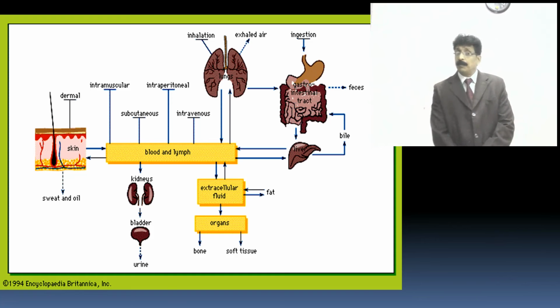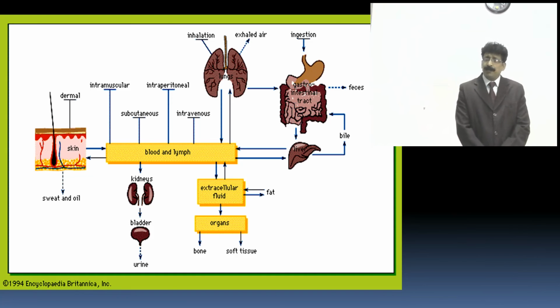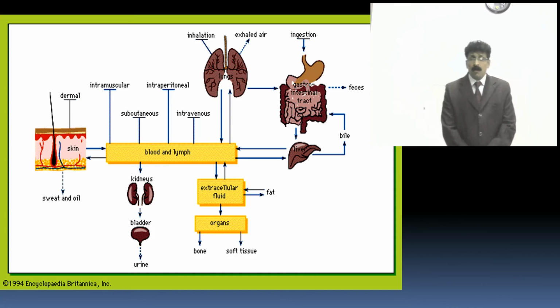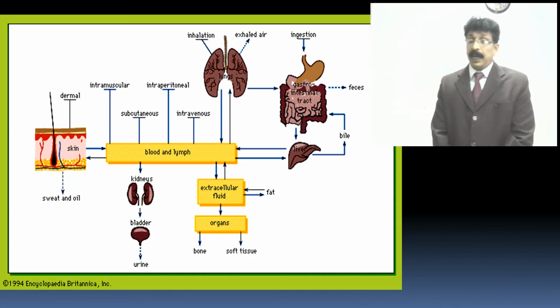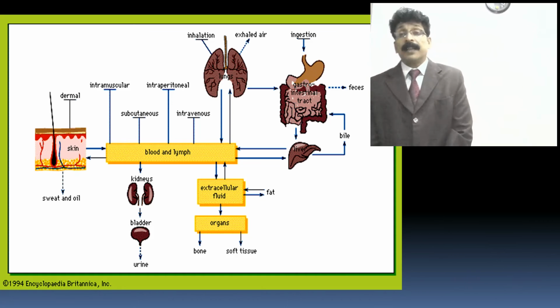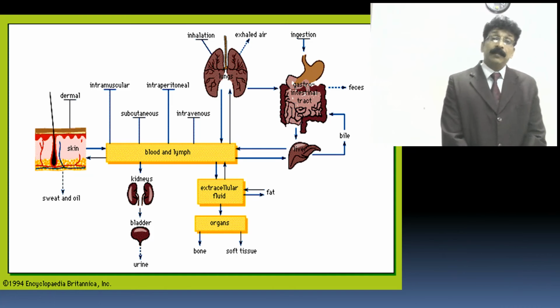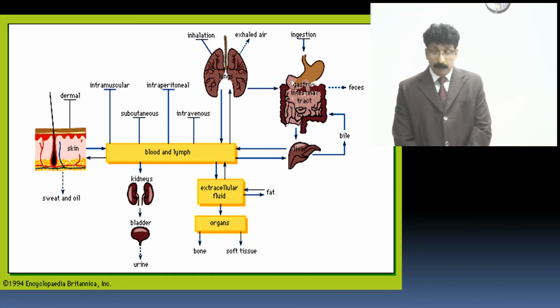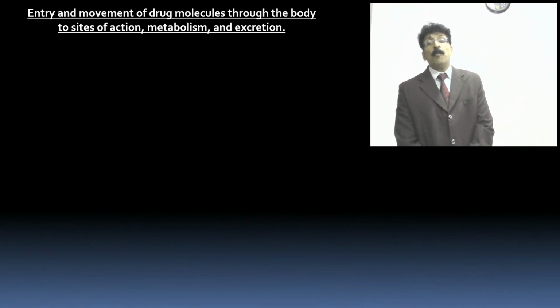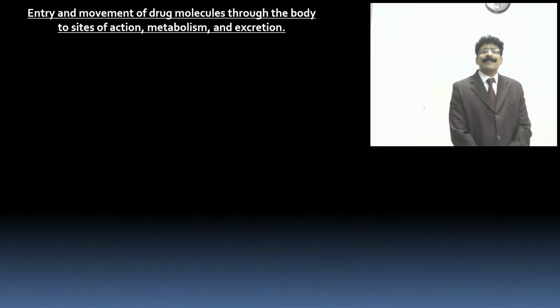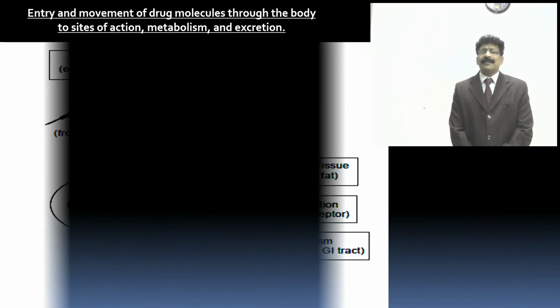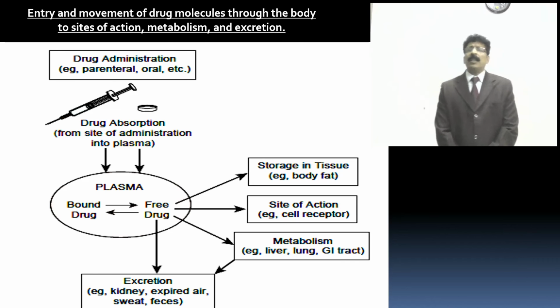This picture is just to give you a basic idea about drug administration, how drugs enter the bloodstream and what is meant by excretion. In between we did not show the metabolic pathways. Here are the entry movements of the drug molecules to the body, the site of action, metabolism and excretion. This is another picture just to give you an idea.